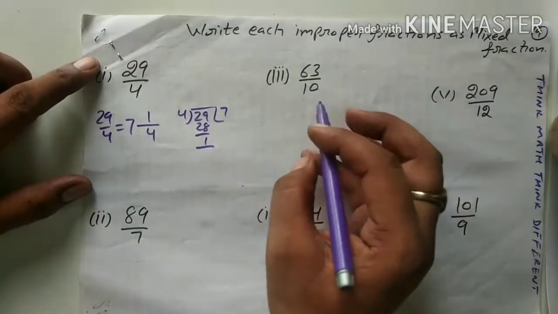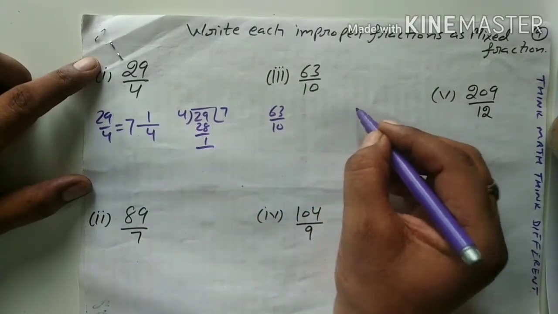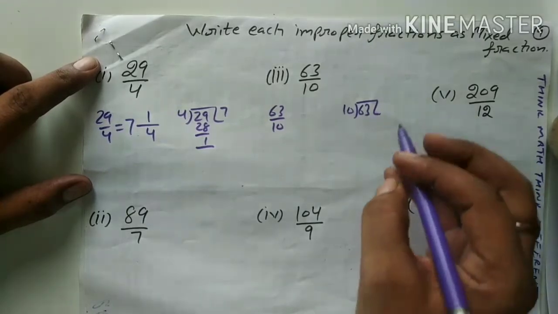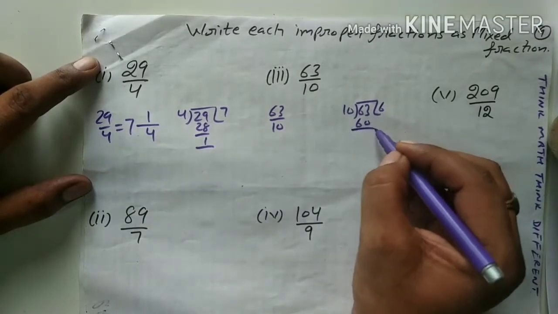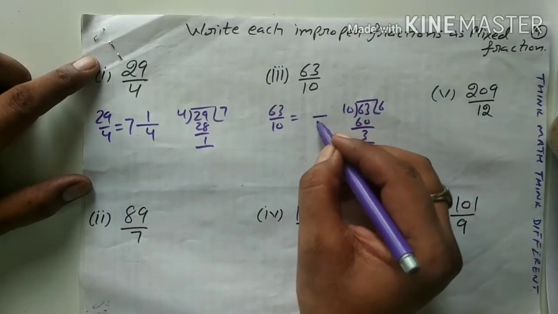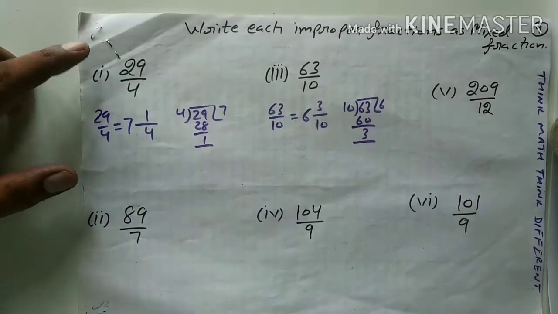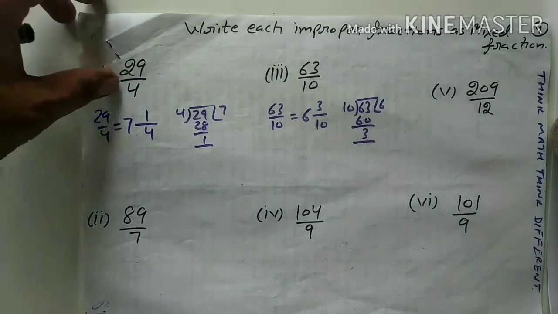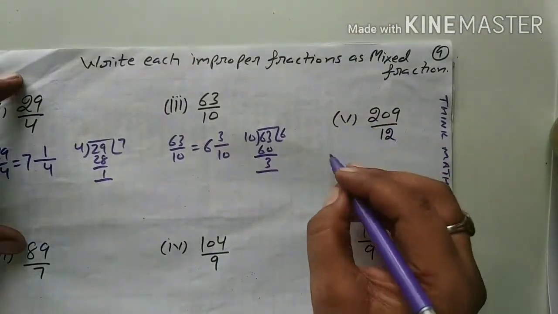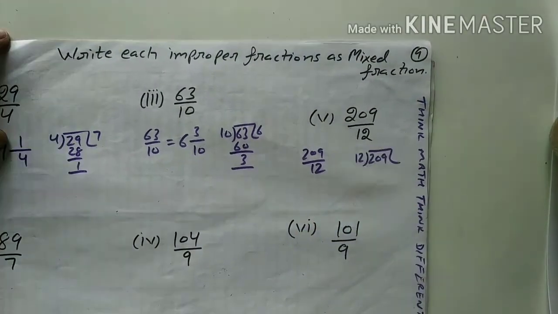Now in the same way 63 over 10. Here you can see this is 10, 3 will be written on the top and there is 6. In this way you can write the answer. Here 209 over 12. 209 will be divided by 12.